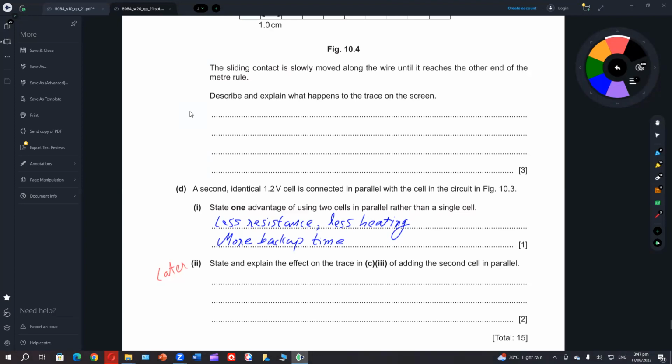I've written in the chat. Yes, thank you. And we have June 2022, paper 22.